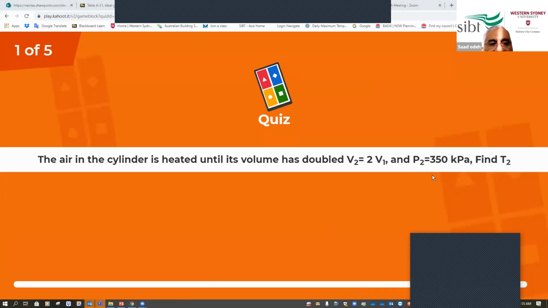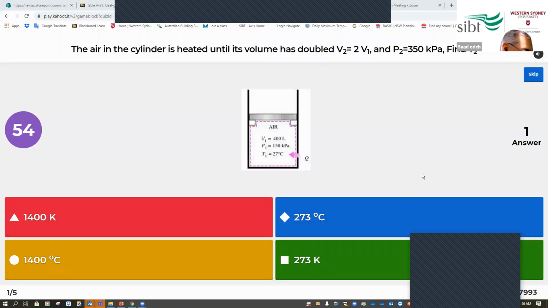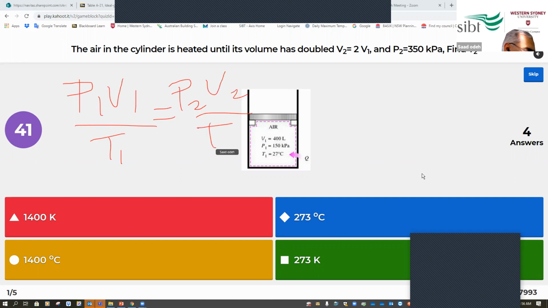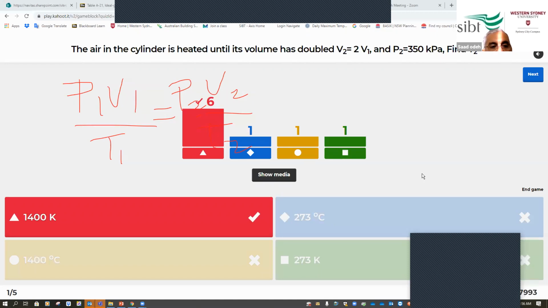So we need to find T2, using the ideal gas equation. All right, good.